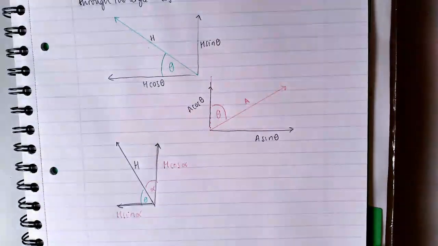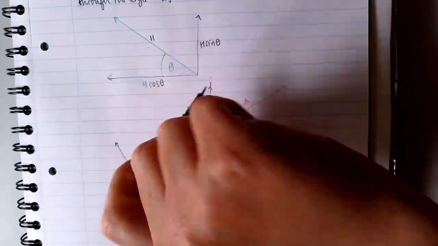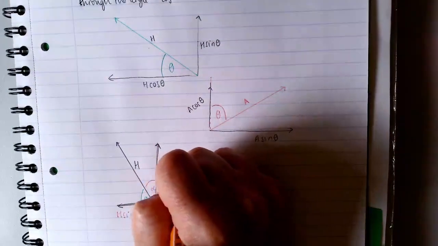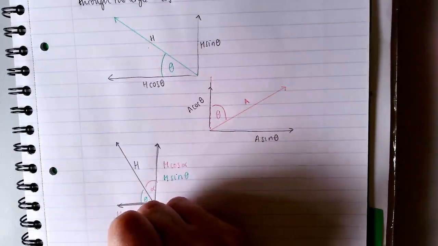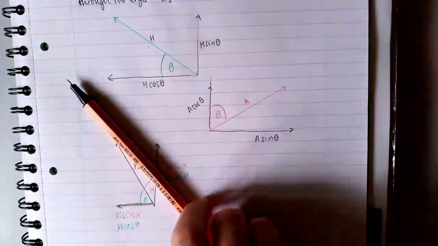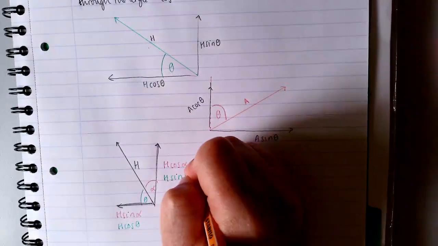But equally, if I start with h and I move away from theta, I can call this h sine theta, or I can call this one h cos theta, because to get from h to my horizontal, I've swept through the angle. These are equivalent.